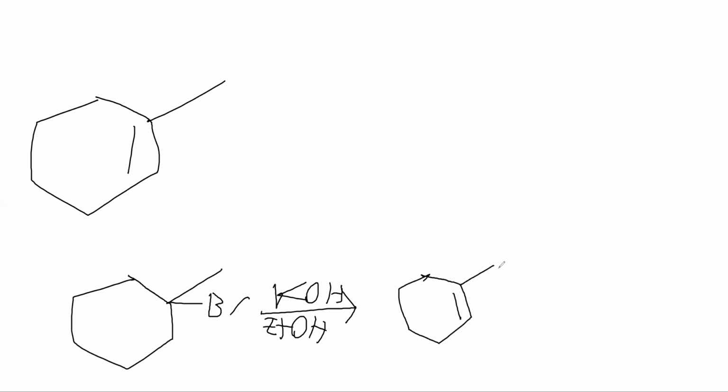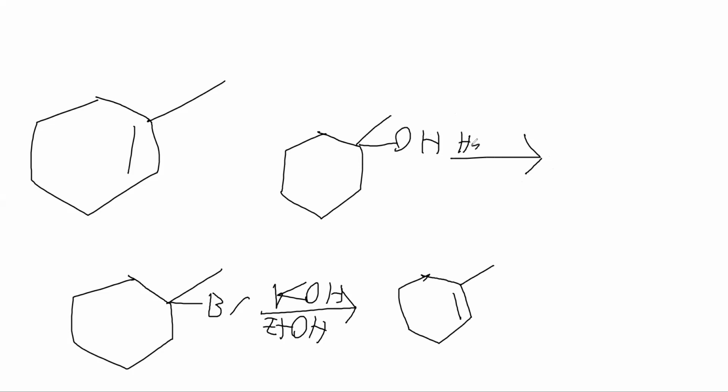You don't have to know the mechanism for this right now, but you should just know that that is one way to form a double bond. That's if you have a halogen. If you have an alcohol that you're starting with, you can add acid, which would be H2SO4, and then use some ether solvent, and 50 degrees Celsius or just heat is fine.